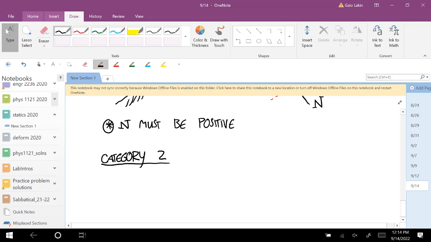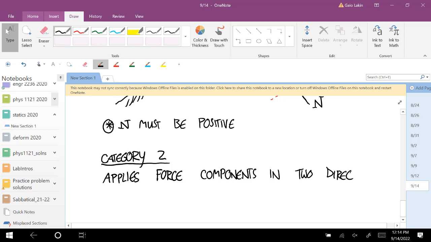This joint applies force components in 2 directions and introduces 2 variables into the equations.